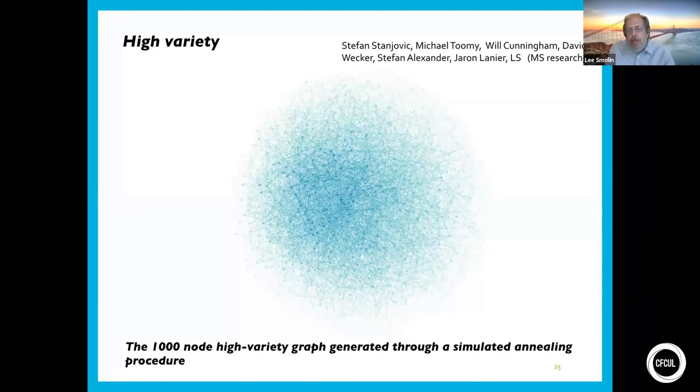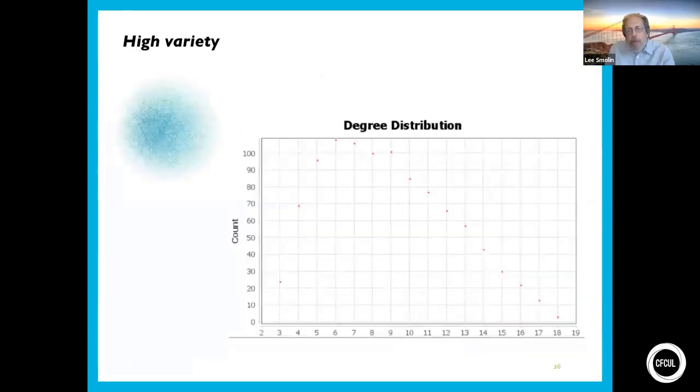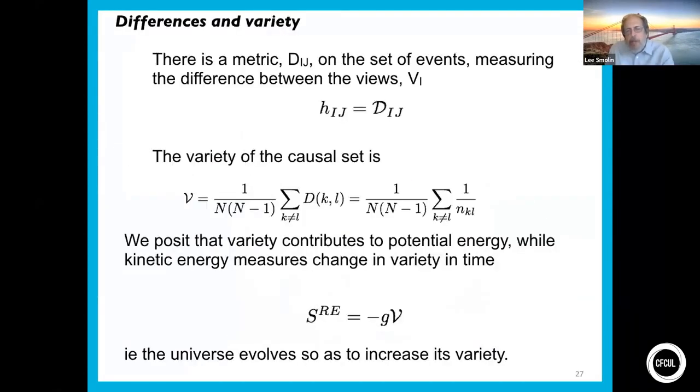So that's a 1,000 node high variety graph, which is the biggest one we've been able to construct. It has an unusual degree distribution. And this is just to restate the basic construction. Given two views of the past of some event, we have a metric Hij, which is the distinction between them.